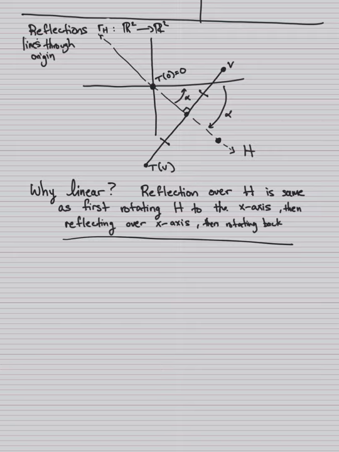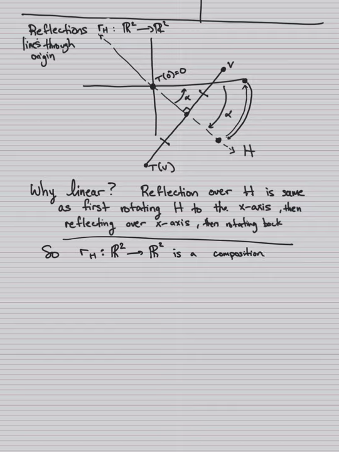Well, it's also true that if I take this to the x-axis, reflect over the x-axis, and then rotate back, it also fixes points on H. So it turns out that these are exactly the same operation, but I would draw a couple more pictures or check a couple more points so you can see what is actually going on. So what I'm saying here is that RH from R2 to R2 is a composition.